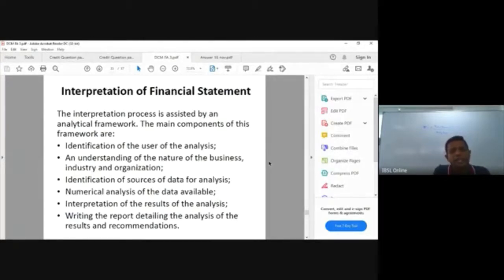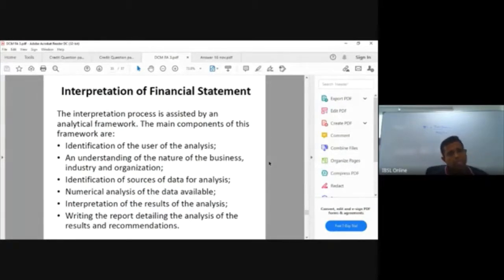Then the interpretation of the results of the analysis very clearly, right? You should not give room for the decision maker to analyze and interpret. You should clearly state your conclusion. GP is higher than the previous year, this is my conclusion. Latest turnover is this much, this is my conclusion.